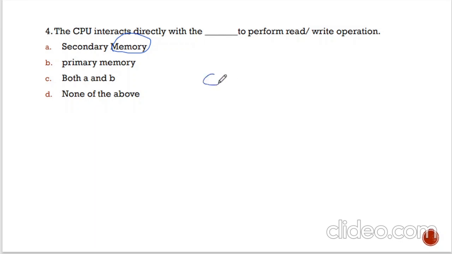So what does the CPU do? The CPU will directly interact with the primary memory, that is RAM. The CPU doesn't directly interact with the secondary memory because of speed compatibility issues.